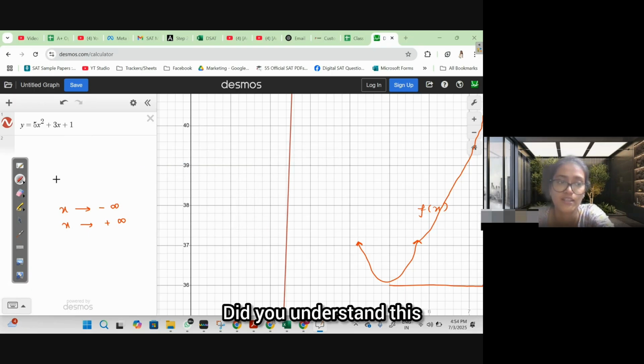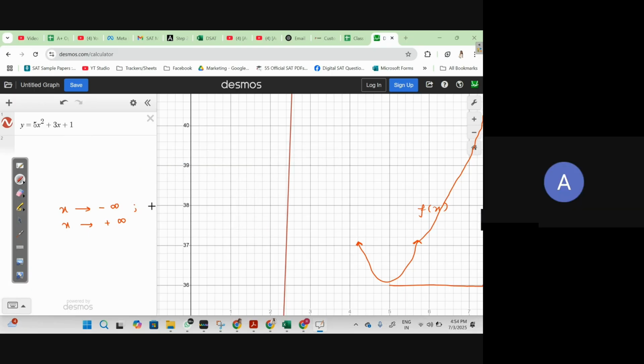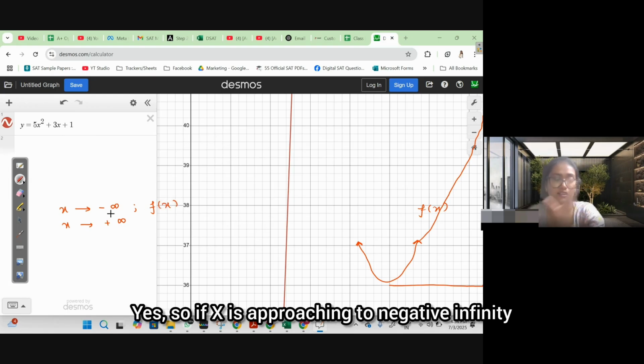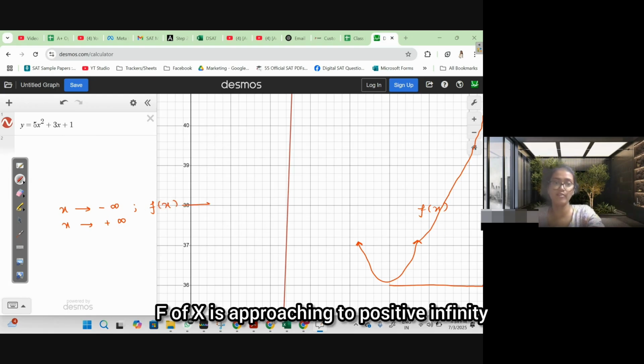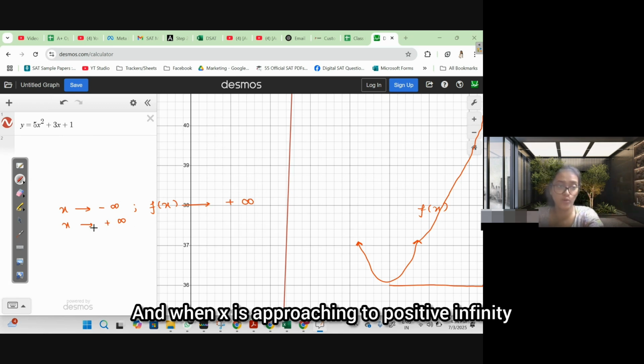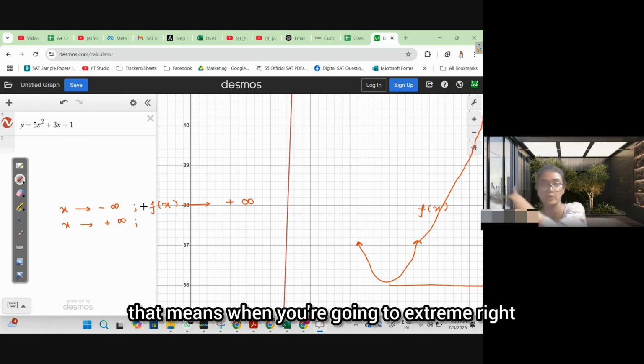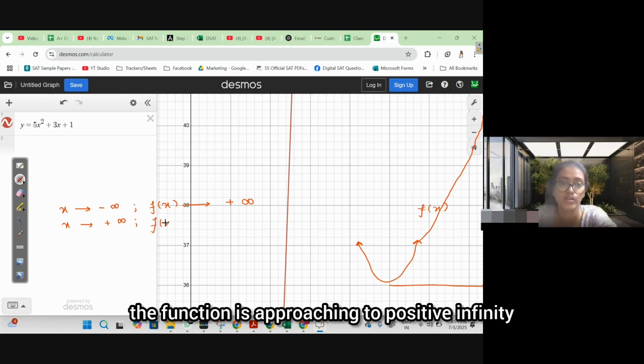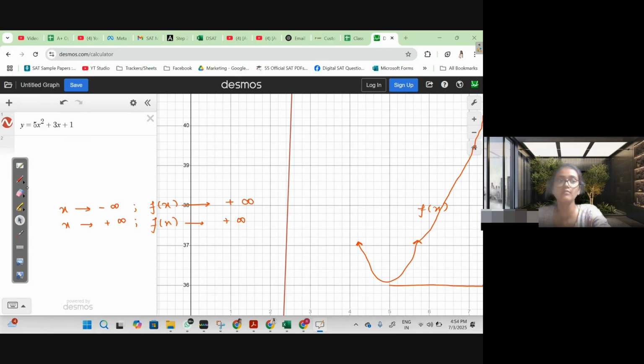Did you understand this? Yes. So if x is approaching negative infinity, f of x is approaching positive infinity, if you're going to the extreme left. And when x is approaching positive infinity, going to the extreme right, the function is approaching positive infinity.